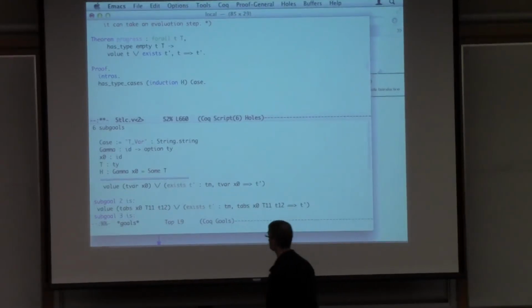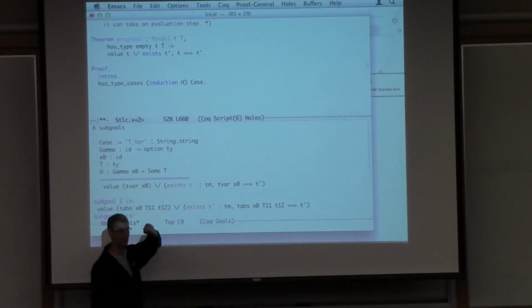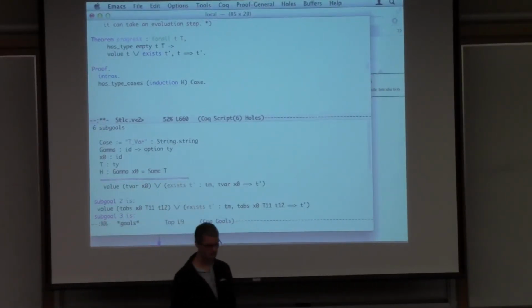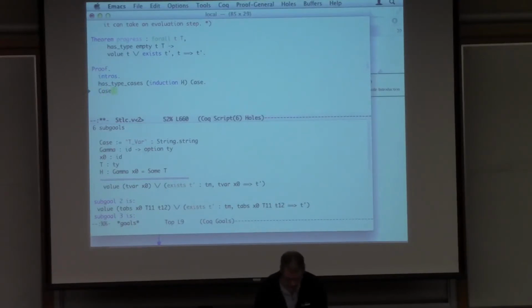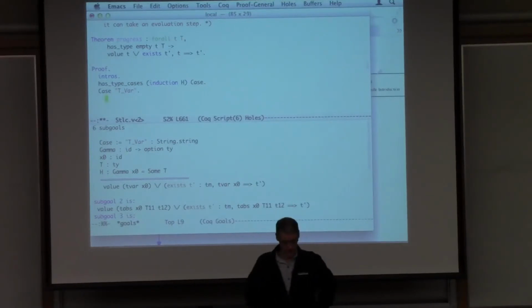So now each of the subgoals is telling us this is the T var subgoal, etc. And now if I write case T var, that will double check me that we really are talking about the T var case. Okay, so now how do we prove this?